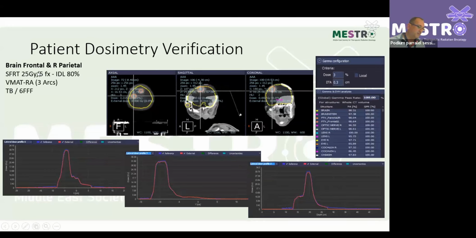This is a case of a brain with two lesions, frontal and parietal. It's SRT, isodose level 80%. It's VMAT, RapidArc, 3 arcs. As before, the comparison of dose profile distribution and axial, sagittal, coronal is shown here, and I get gamma index 100% for 3%, 3 millimeters.